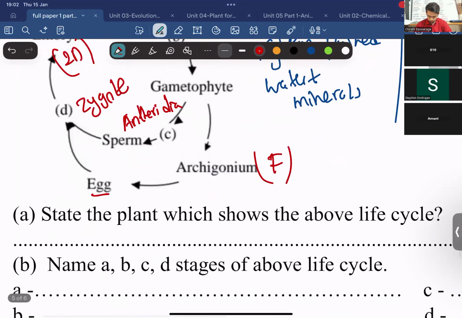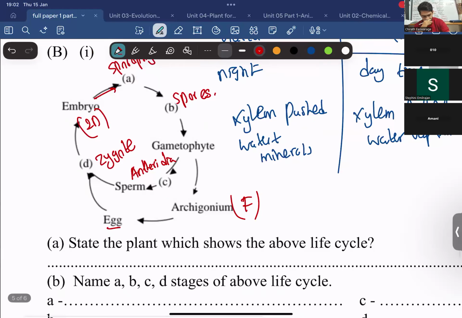State the plant which shows the above life cycle. The same gametophyte produces both archegonia and antheridia. Can you see? So which life cycle has a gametophyte that is producing both?